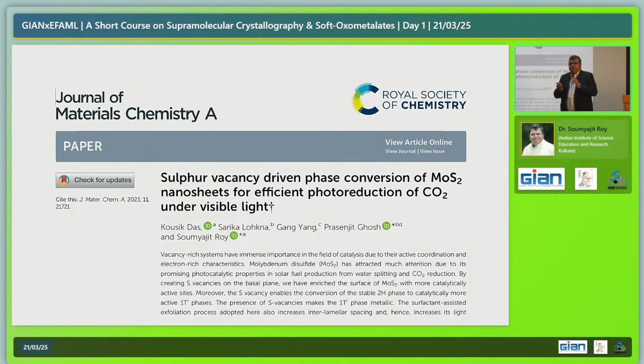Now, instead of working with the oxo, we now move to another chalcogenide, which is the sulfur containing chalcogenide, and then we were able to create the sulfur vacancy, and with this we were able to induce phase conversion of MoS2. Now, this was a work done by Kaushik Dash, who is now in Germany doing his postdoc.